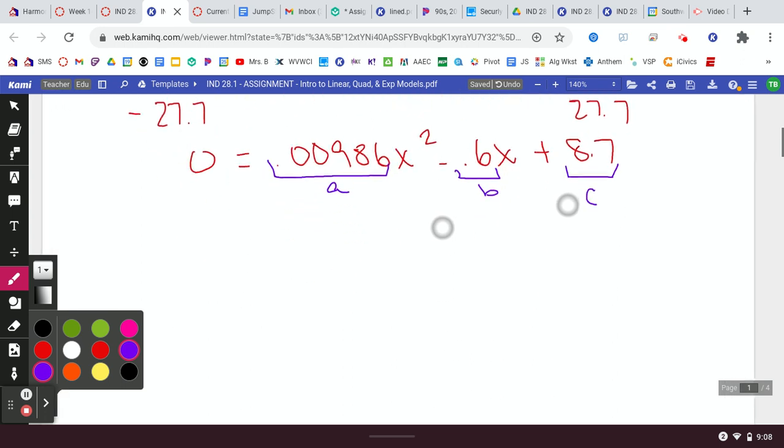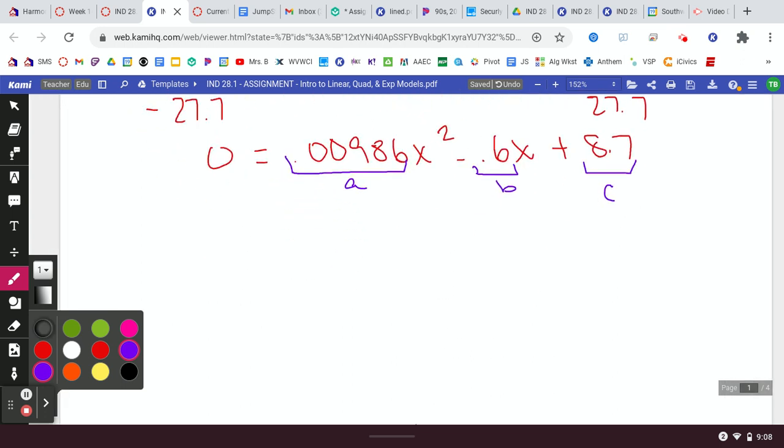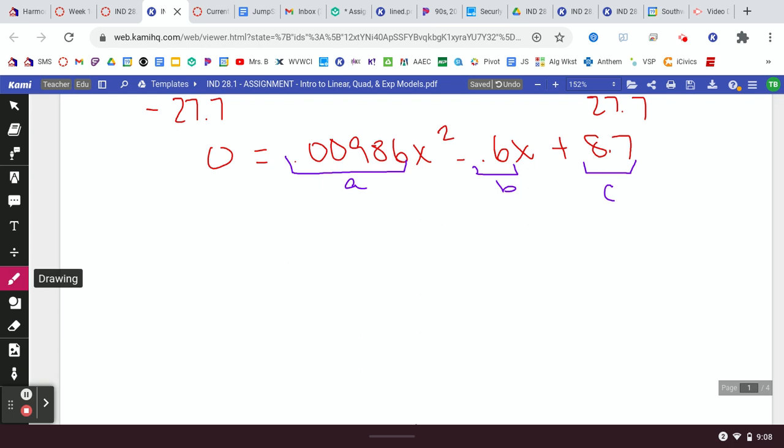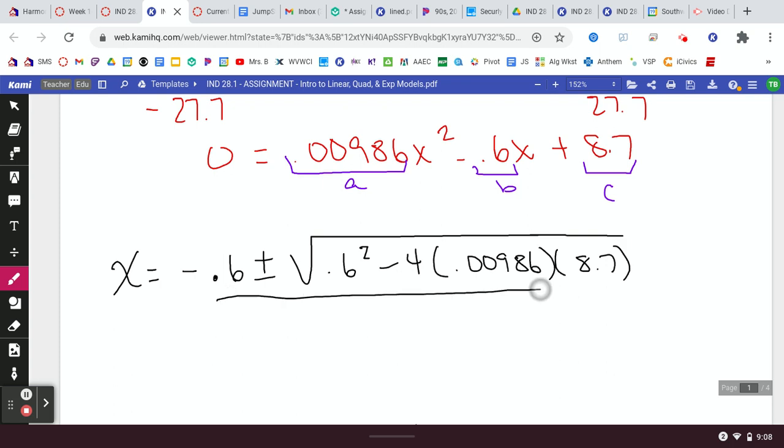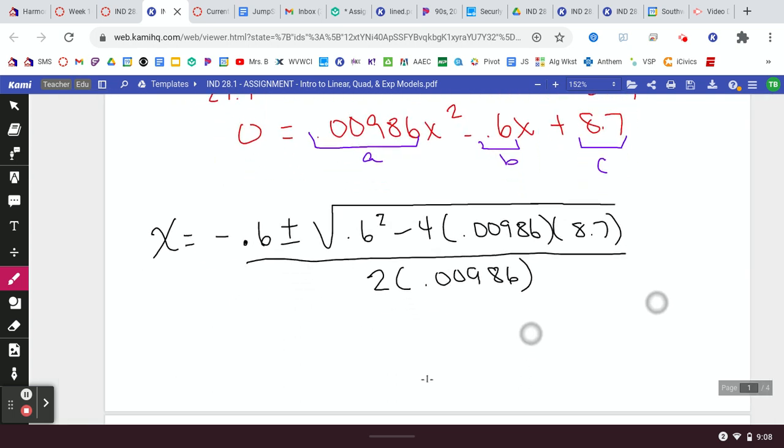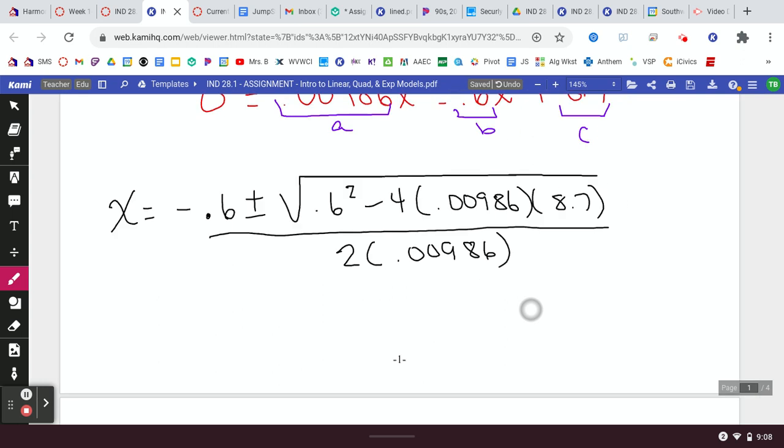So, it looks uglier than it is, please use your calculators for this, but it's X equals negative B, which is negative 0.6 plus or minus the square root of 0.6 squared minus 4 times A times C, all over 2 times A, which is 0.00986.